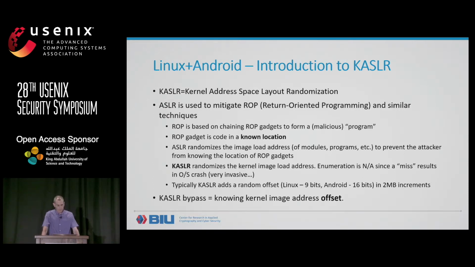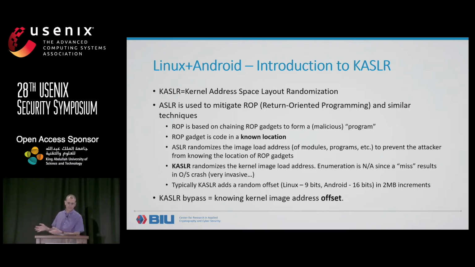The ROP attack is based on chaining small snippets of code called ROP gadgets to form a malicious program. Now, these ROP gadgets are pieces of code that the attacker knows where to locate in the memory of the target process. So, in order to mitigate such attacks, ASLR was invented, and ASLR simply randomizes the image load address of modules, programs, and other useful pieces of code to prevent the attacker from knowing the locations of those ROP gadgets.